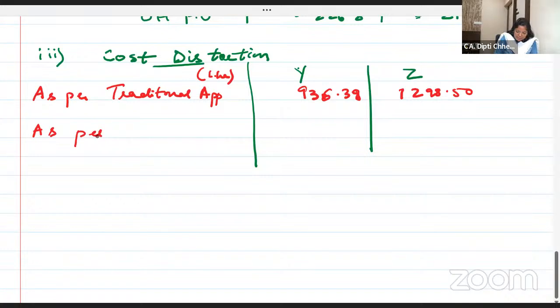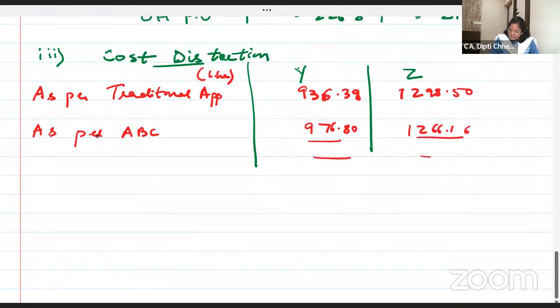Now as per A, B, C, what you have calculated now after allocating all chota things, 976.80. Here it is 1266.16. Check. It will not be exactly यहाँ कम वहाँ ज़्यादा. It will not tally. Thank you that it's all clear, Ramya.